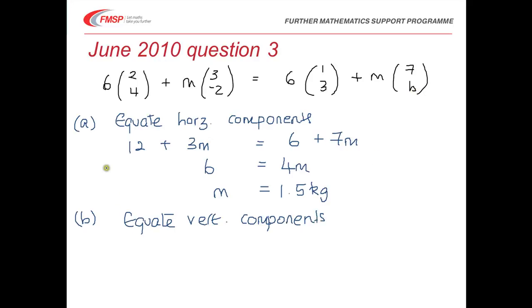So again, we're going to have 6 times 4, which is 24, plus m times -2, but m of course is 1.5, so that's minus 3, and that's going to be equal to 6 times 3, which is 18, plus m times b. And that means we have over here 21, take away this 18 is equal to 3. m is 1.5, so that's 1.5b. So b is equal to 2.